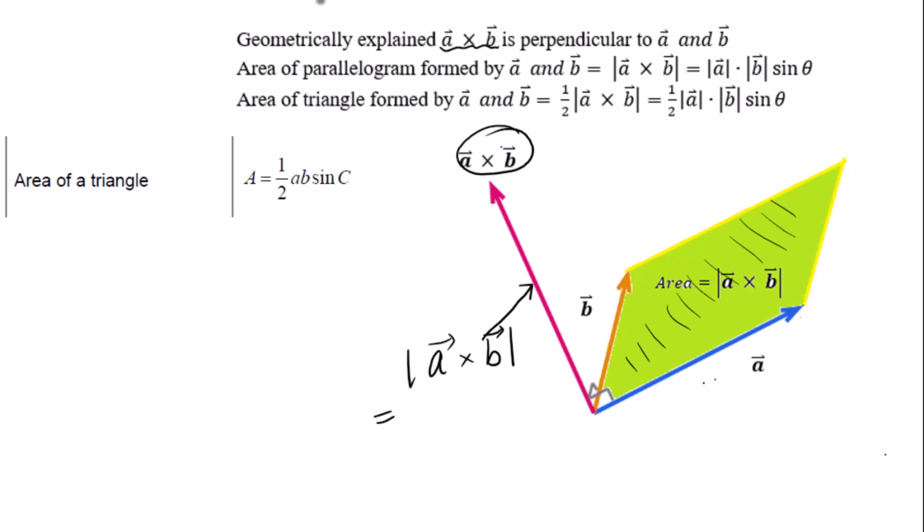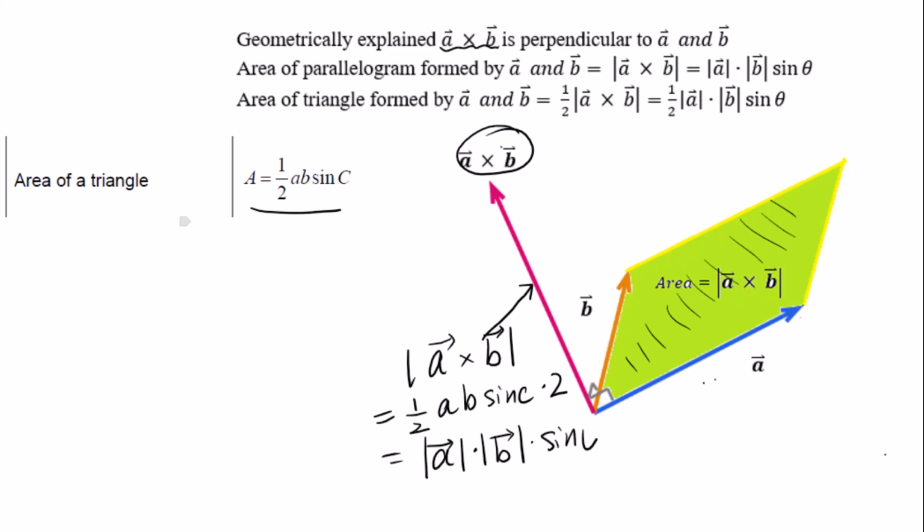We know the area of a triangle equals 1/2 AB sin C. The area of this parallelogram formed by vectors A and B will be 1/2 AB sin C, then times 2. That is the length of A times the length of B times sin theta.